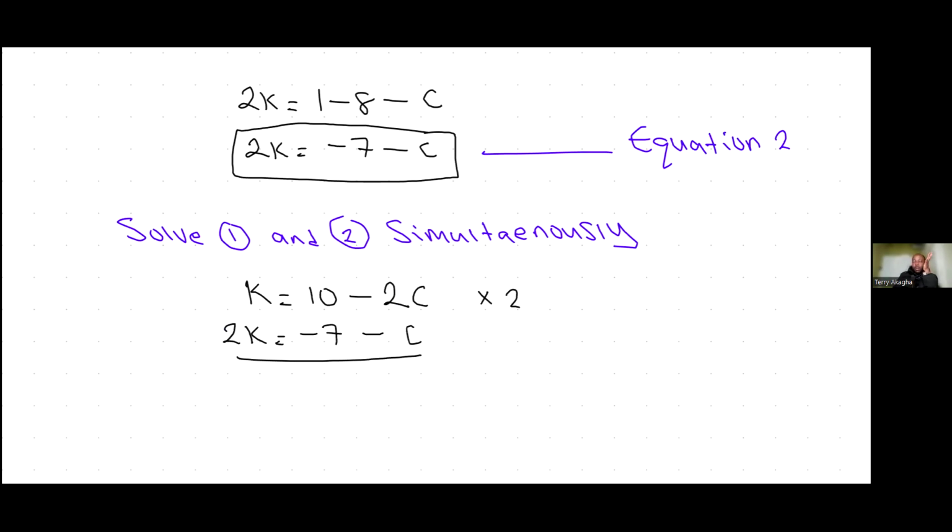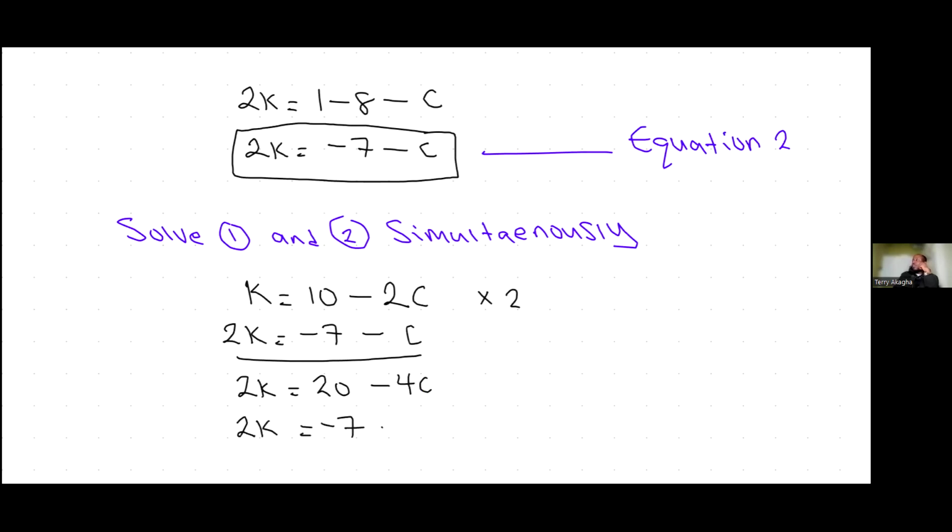Remember, if you've missed my videos, I've talked about solving simultaneous equations using the elimination or substitution method, so you can go back to the playlist. So times it by 2, it's going to give us 2k equal to 20 minus 4c, and you bring down the original one, 2k equal to minus 7 minus c.